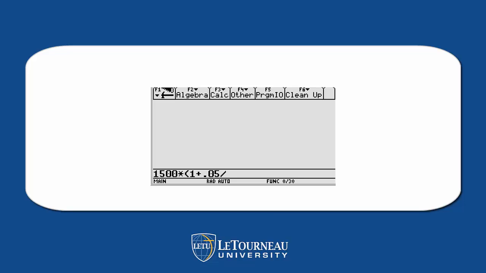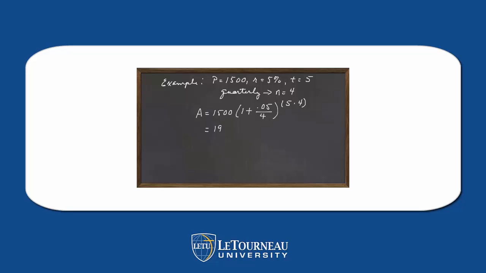Notice the 0.05 divided by 4. Now watch when I raise it. Parentheses 5 times 4. If you don't put those parentheses, it'll raise it to the 5th power and then multiply the whole thing by 4, and you will not have the correct answer. So here, we're going to gain a little over $400.